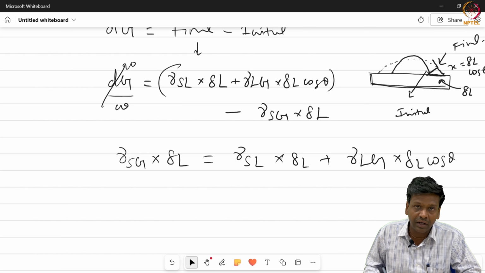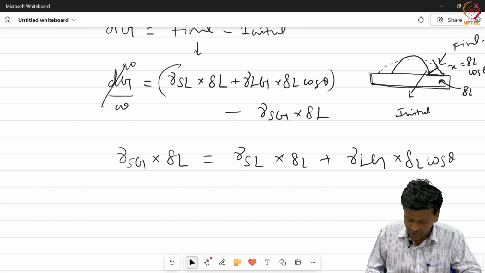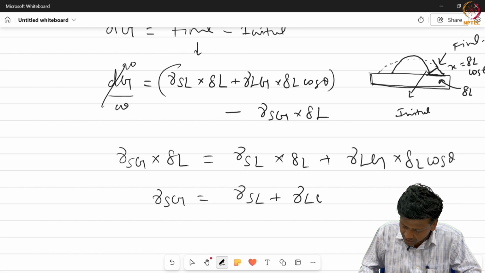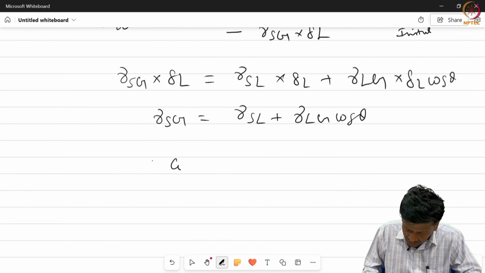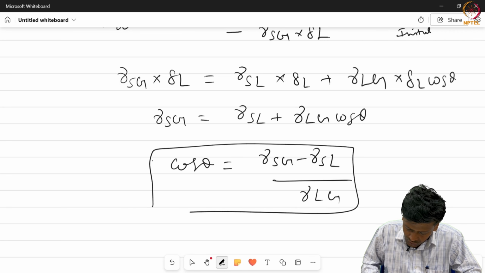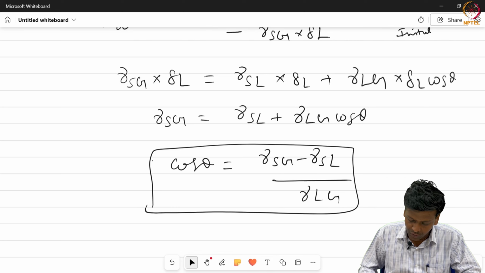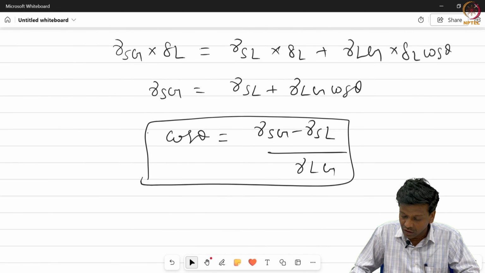If I divide both sides by delta L, I will simply get gamma Sg is equal to gamma SL plus gamma Lg cos theta, or cos theta is nothing but gamma Sg minus gamma SL by gamma Lg. So you can also alternately prove that Young's equation is cos theta is equal to gamma Sg minus gamma SL by gamma Lg.